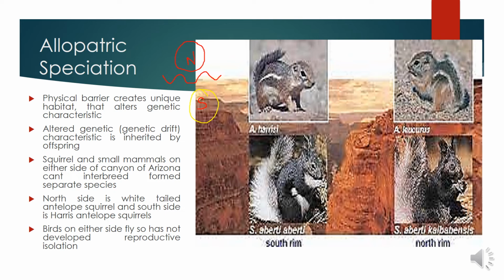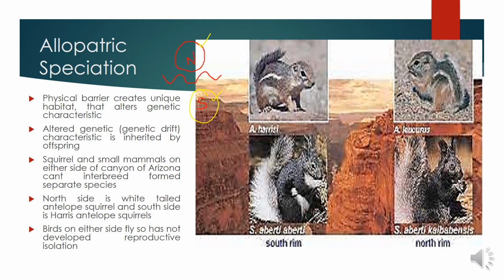Also, the Abert squirrel has a much fluffier tail as compared to the northern Kaibab squirrel. Also, the southern Abert squirrel has a much smaller ear tuft as compared to the northern.